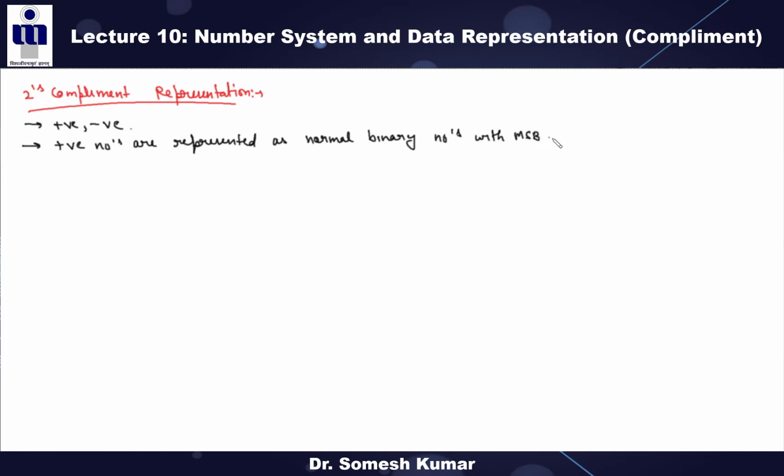For the negative numbers, you have to do two steps, similarly. Step 1, write the positive number. Step 2, take the 2's complement of that.